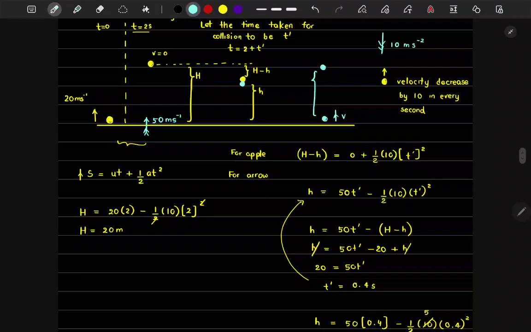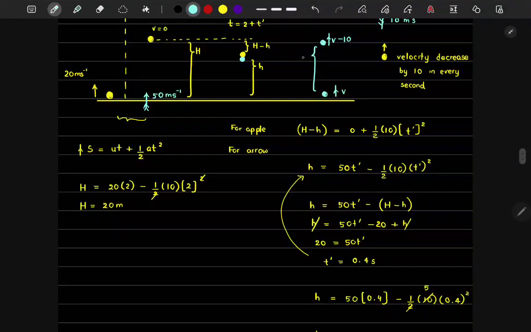We know that after 1 second the velocity at this point would be v minus 10, right? Then the distance that it moved, d, would be v plus v minus 10 over 2. For example, if this velocity was 30 and this was 20, then the distance that it moved during this second would be 25 meters.